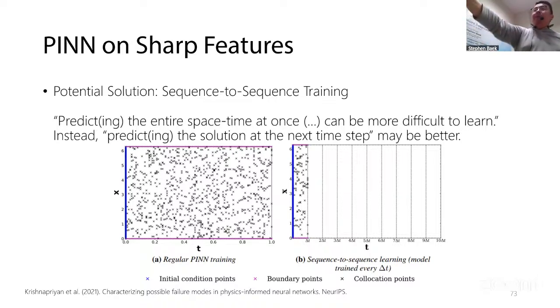So you make a prediction of the first small delta t, and from that prediction you can have an idea of where the sharp features exist. Then when you do the next prediction for the next delta t, you add more collocation points near those sharp features, and you basically repeat that process, and in that way you can have adaptive sampling of collocation points.